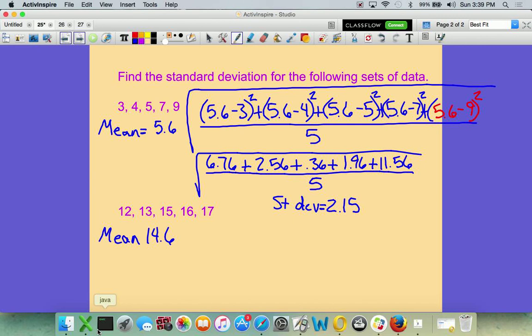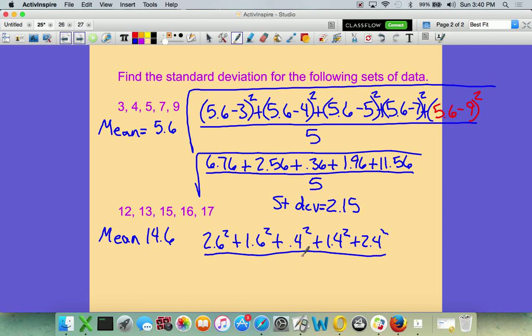Alright, now to quicken it up a little bit. It is always the mean minus each one of these numbers. So 14.6 minus 12 is 2.6 squared, plus 14.6 minus 13 is 1.6 squared, plus 14.6 minus 15 would be a negative 0.4 squared, but because this is squared, I'm not going to deal with the minus sign there, because that square would take care of that. 14.6 minus 16 would be 1.4 squared, and 14.6 minus 17 would be 2.4 squared.